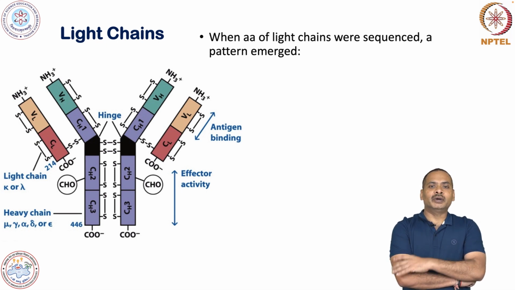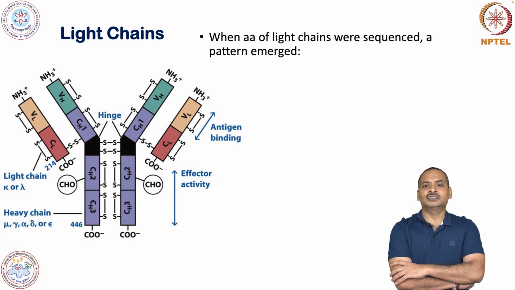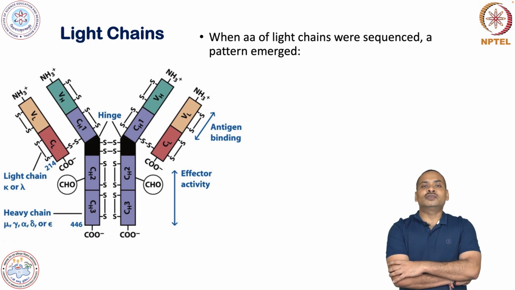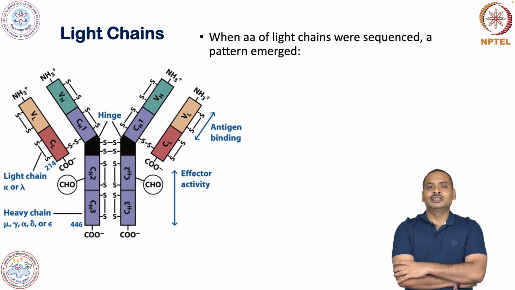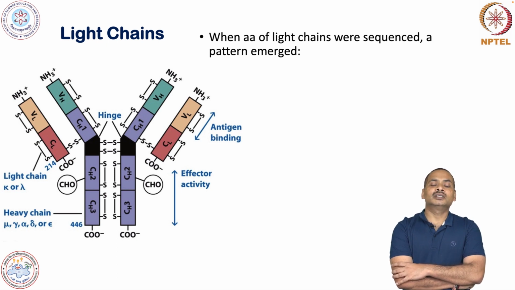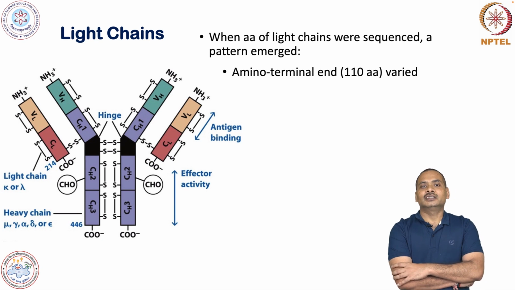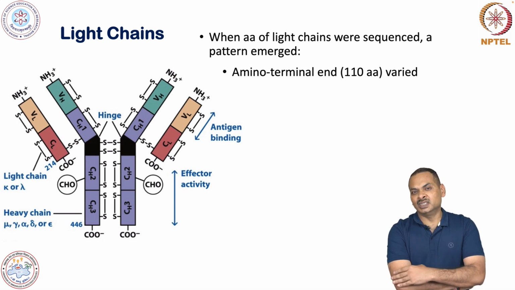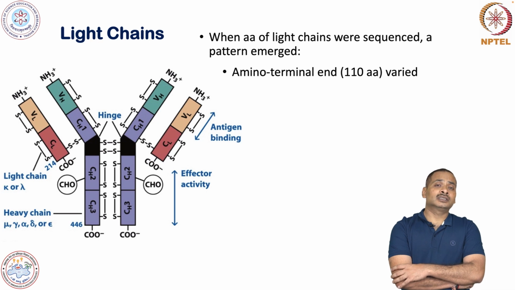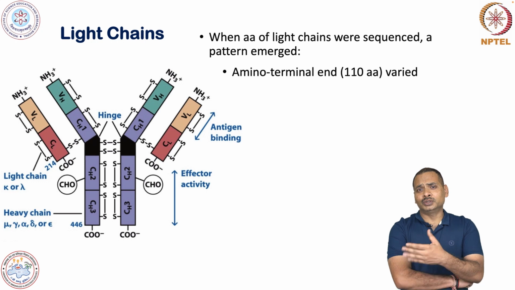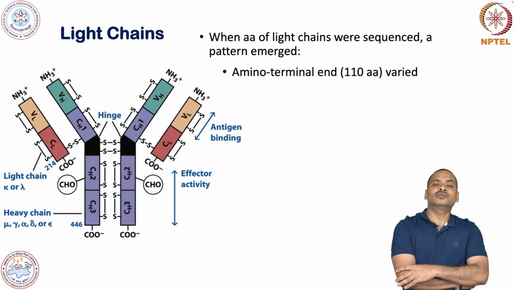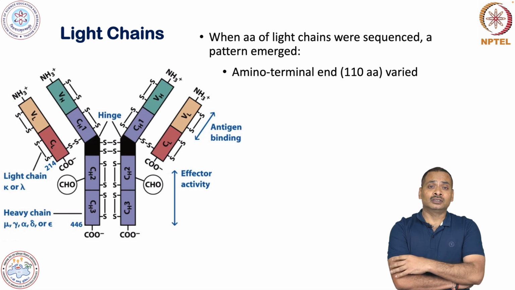So, when the amino acids of the light chain were sequenced, since the technology was there at that time, they found out some interesting things. First and foremost, the first N-terminal 110 amino acids have a lot of variation. Now you know that this region is needed for binding with the antigen.